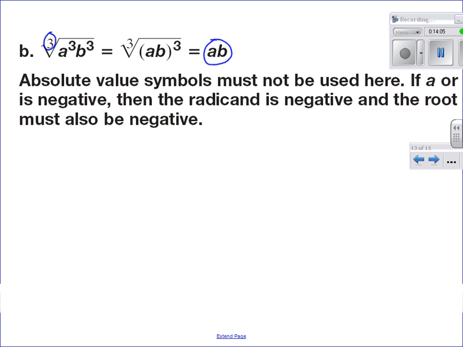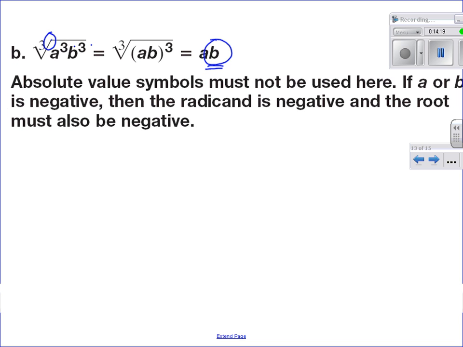AB is my solution here. 3 divided by 3 is 1. 3 divided by 3 is 1. So AB is your solution. Well, if A or B is negative, then the radicand is negative. In other words, let's say A is negative 5.